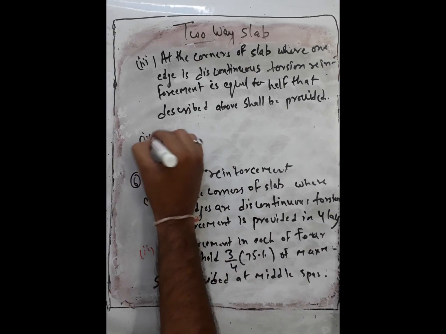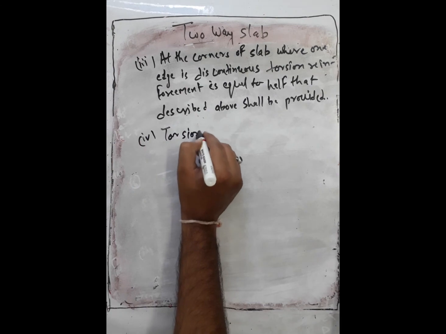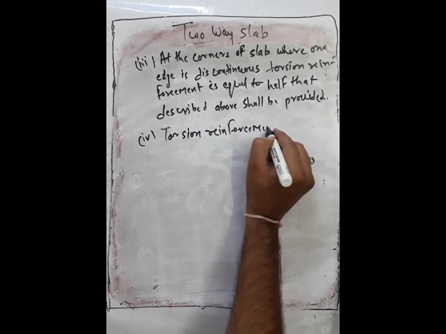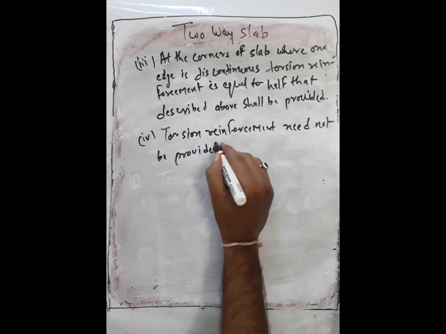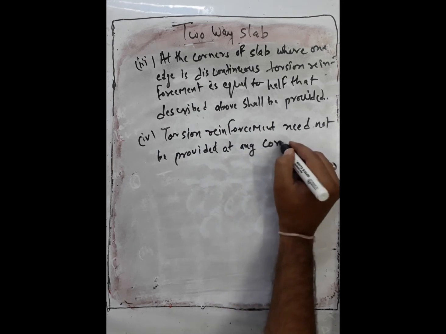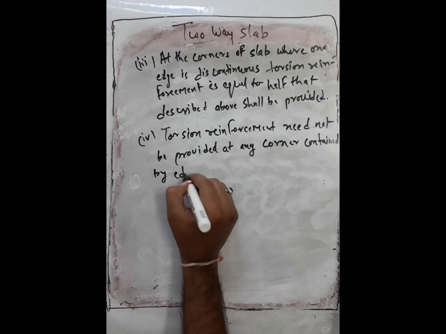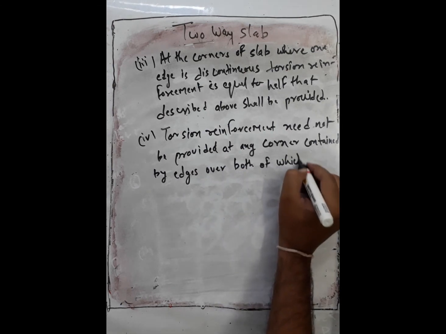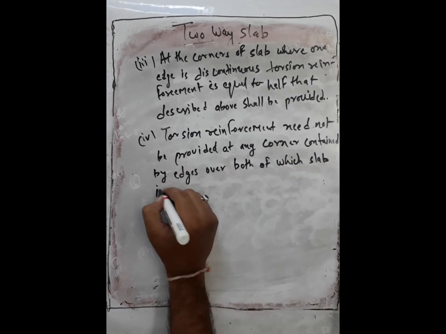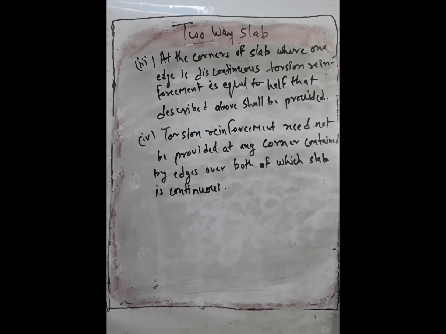Okay, and last point number 4: torsion reinforcement need not be provided at any corner contained by edges over both of which slab is continuous.